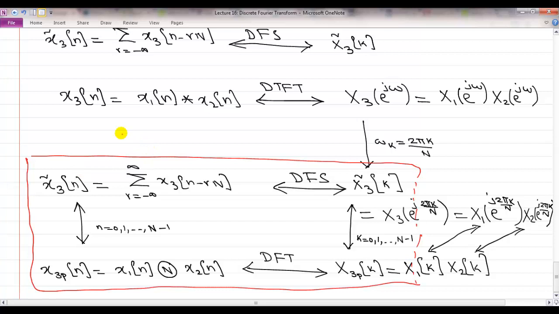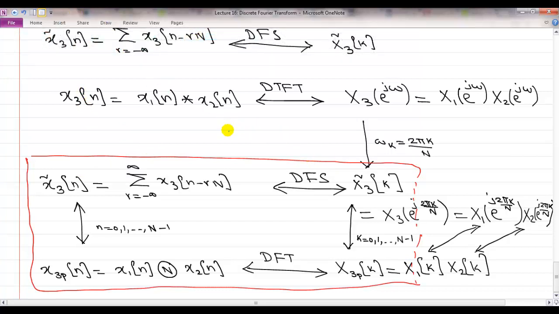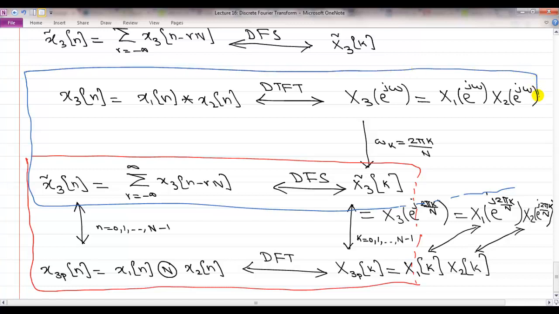If that is clear, now the other relationship, between sampling of the DTFT and discrete Fourier series, gives us this block. Which says that these discrete Fourier series coefficients come by sampling the product of two DTFTs. So this X3 tilde n is actually just a periodic repetition of your linear convolution.